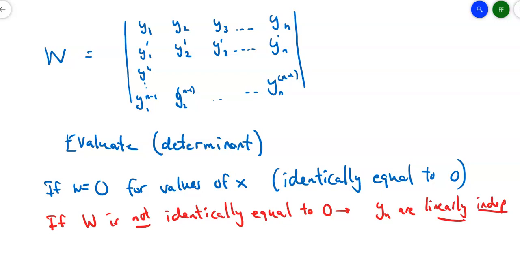Oftentimes you'll use this in differential equations when you're trying to figure out whether the results of your solution are linearly independent. So can you write it as c1y1 plus c2y2, or are they actually linearly dependent solutions, and the Wronskian is used to test that.